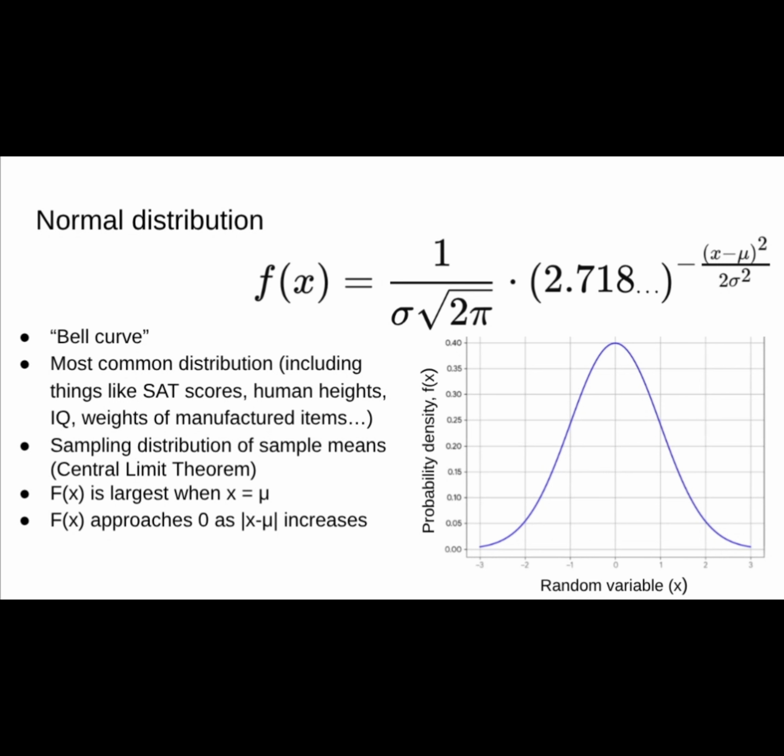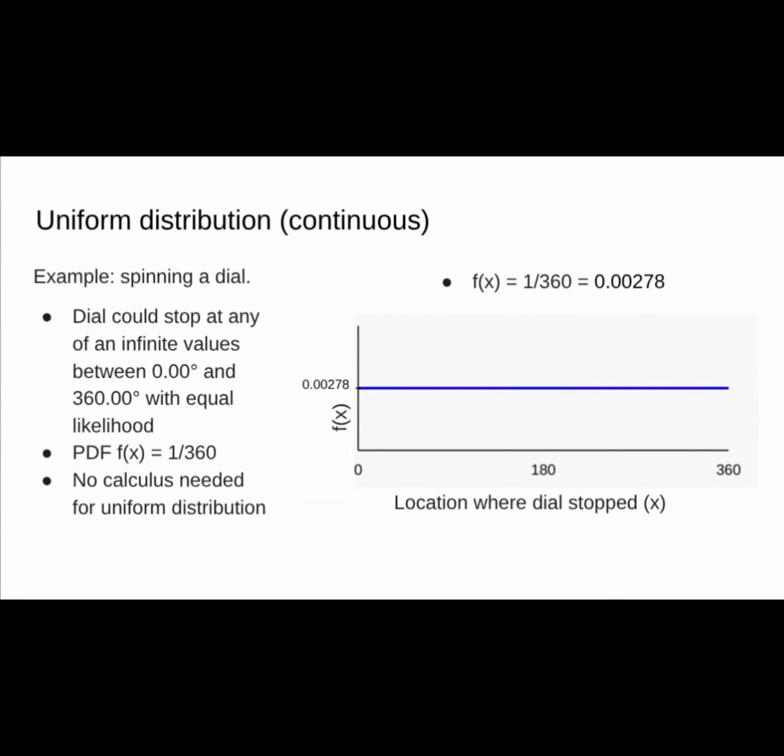Another important phenomenon worth highlighting that follows a normal distribution is the sampling distribution of the sample means. This is an amazing mathematical discovery called the central limit theorem, which we'll study more later in the course. But just to give you a basic understanding of it, if I take a sample of any shape, let's just pick this uniform distribution as an example.